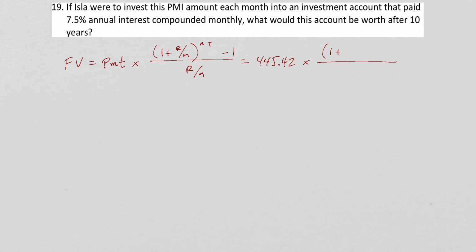What was the rate? 7.5%, so 0.075 divided by 12 to the power of 12 times 10 years, minus 1, over 0.075 over 12. So this is going to come out to $79,253.73. Okay?